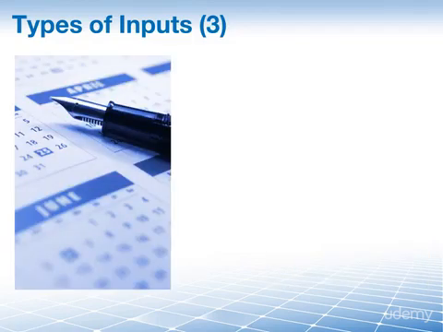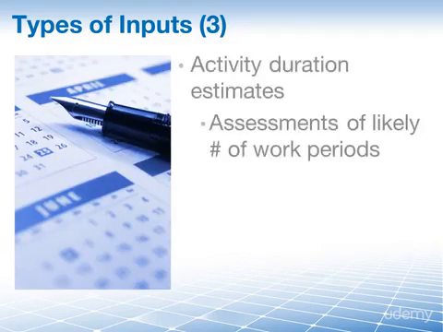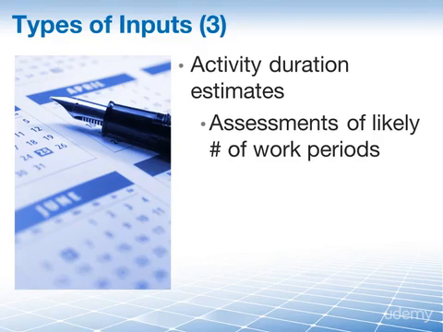This is followed by the activity duration estimates. These contain the quantitative assessment of the likely number of work periods that will be required to complete each activity and in turn used to formulate the project schedule. For example, activity A takes 3 days and activity B takes 22 days.